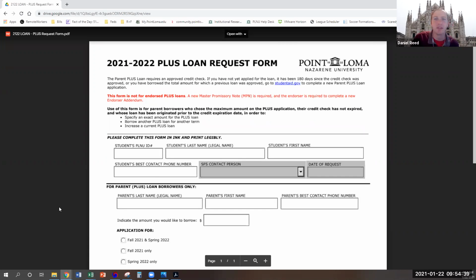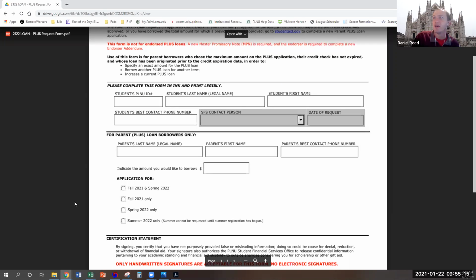This goes along with the lines of how we want active confirmation of amounts from students and families so that they know how much they're borrowing. It's a little scary to me for a parent to go in and just say maximum amount and then have something fall out later. They'll see it with the aid offer, but that active confirmation of this is the amount that I'm going to be borrowing is just a good practice that we want to be involved in. So that's where we fall with this PLUS loan request form. This also was a mid-year revision this year.